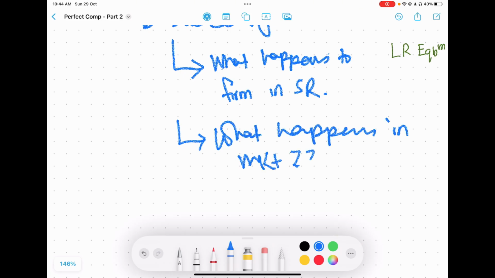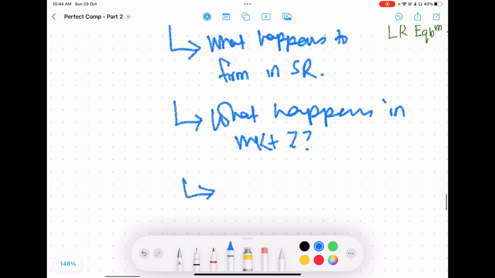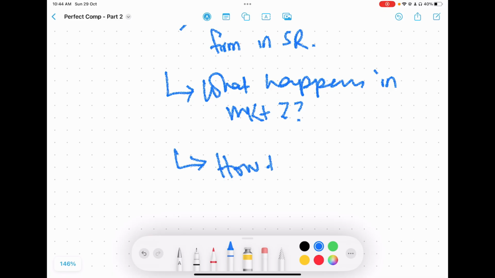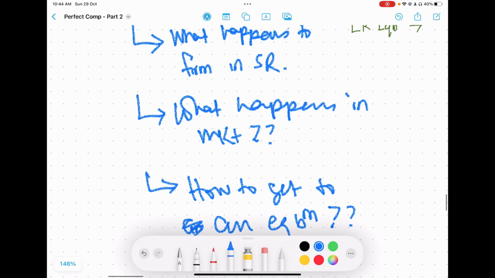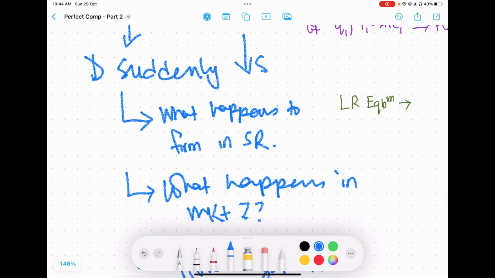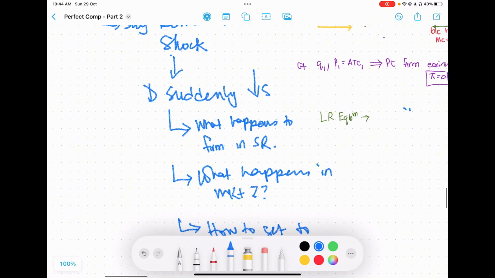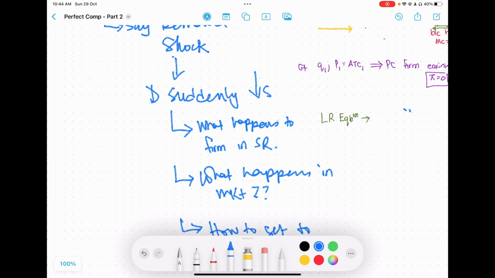You want to be able to draw it, and then show how to get to an equilibrium. So basically what the demand shock did was throw it out of equilibrium. How would you take it back to an equilibrium condition? We did it for the case where suddenly the demand increases and there's an economic profit and new firms are entering.